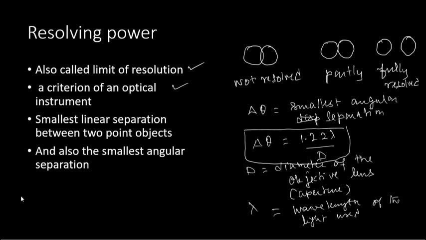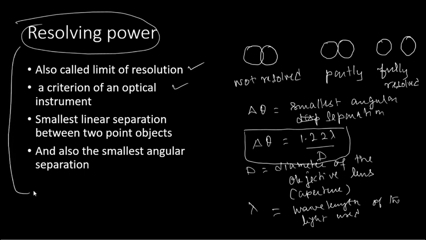Now the resolving power of a telescope is given by the reciprocal of delta theta. Are you able to understand? So what is the resolving power of the telescope? It is the reciprocal of the smallest angular separation between two distant objects whose images are to be resolved.